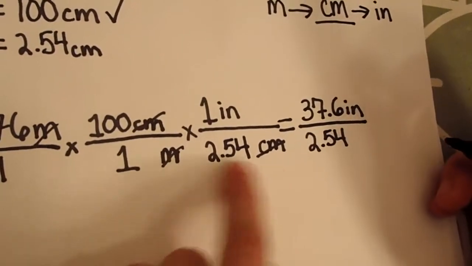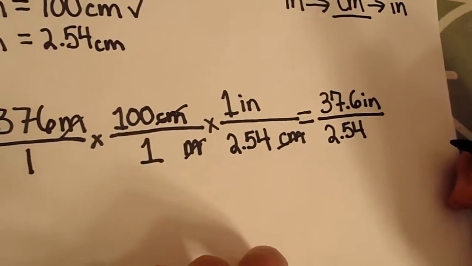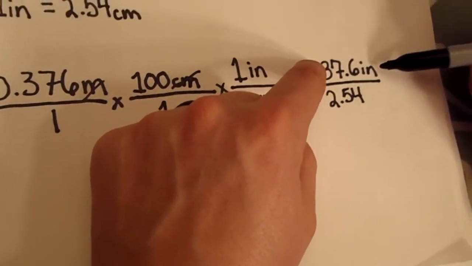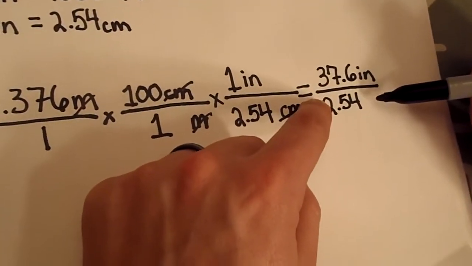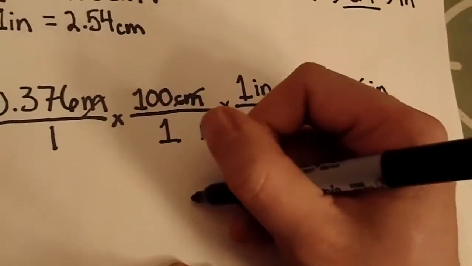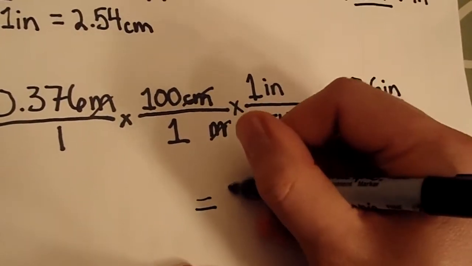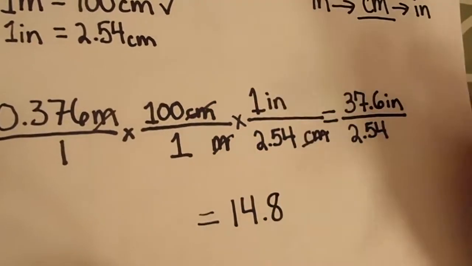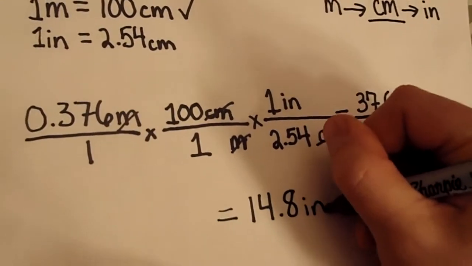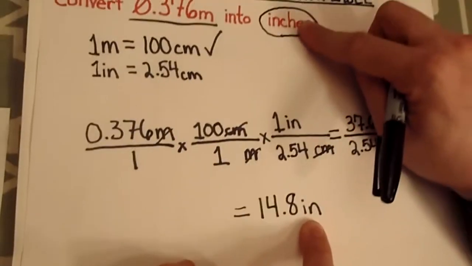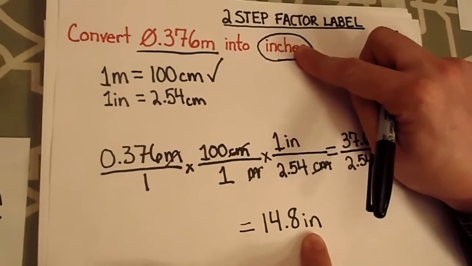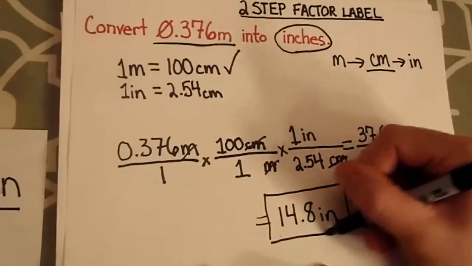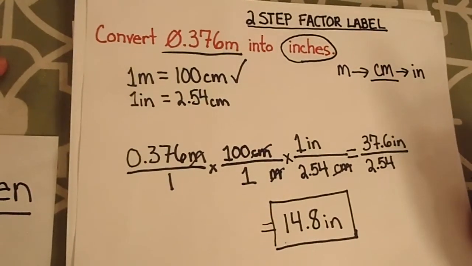Okay, and our units all canceled out, so we don't have any units. And then we take the top, our 37.6 inches, and divide it by the 2.54. When I do that, I get roughly 14.8 inches. Again, I check. Is inches what I was trying to find? Yes, that's what I was trying to find. So again, this is how you do two-step factor label problems.